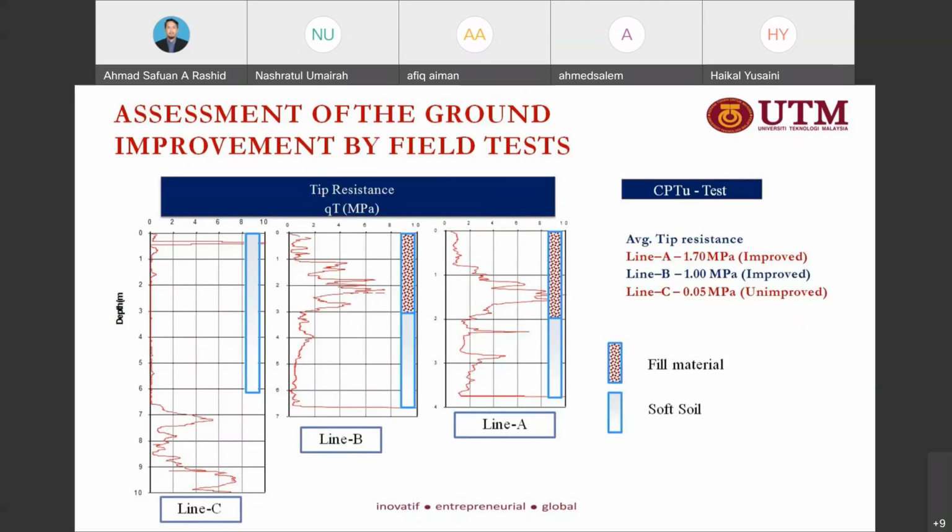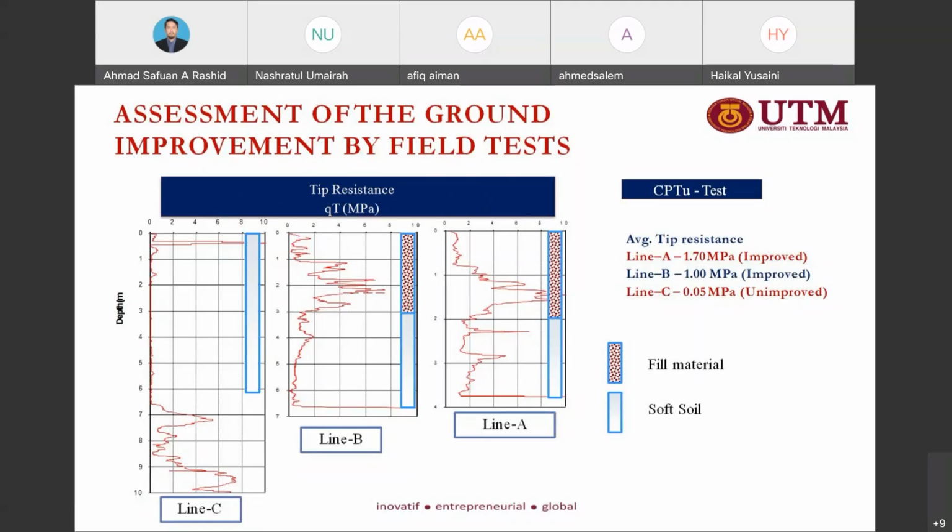So we can identify, for example, that line A improved, line B improved, while line C doesn't show any improvement, because the CPT tip resistance value is very low.